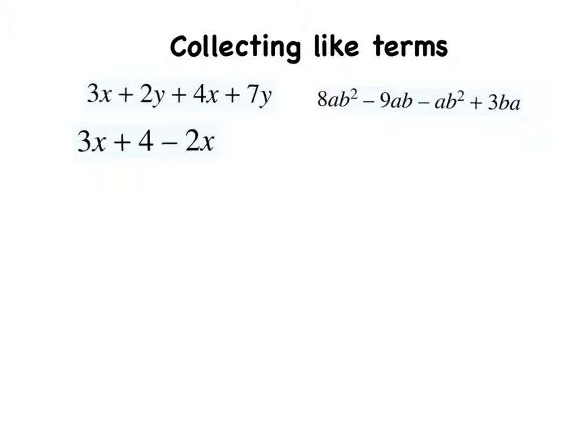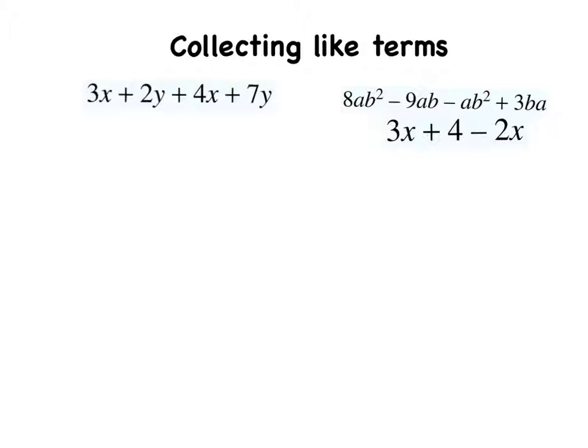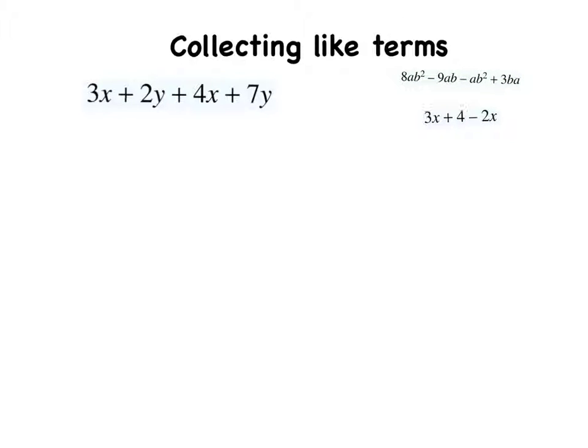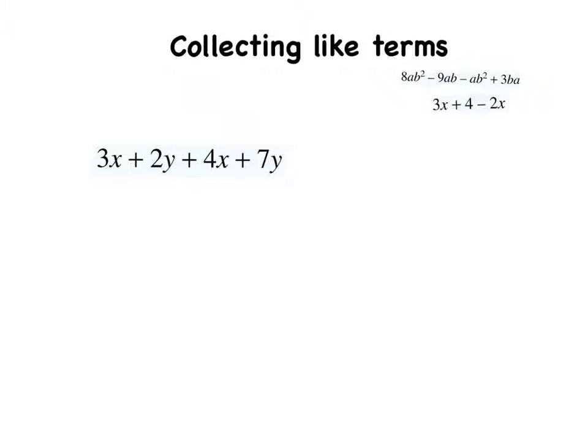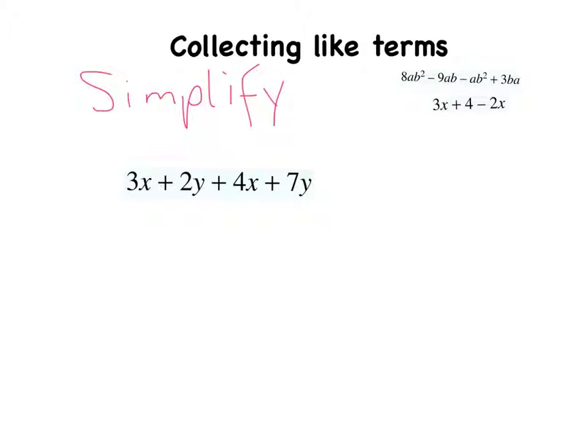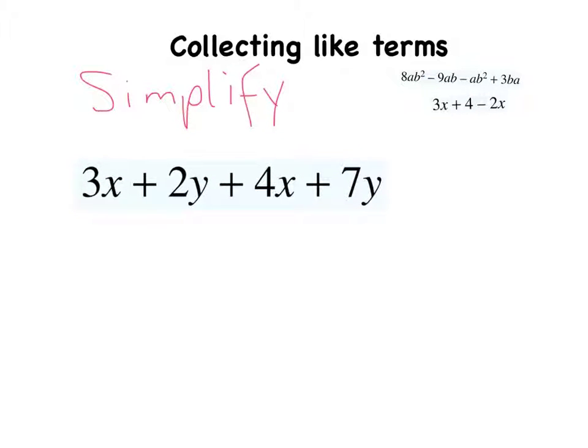So let's have a look at what we've got, collecting like terms. Let's look at this one here, okay? Again, we're going to simplify these expressions by collecting the like terms. We're going to simplify this expression by collecting like terms.